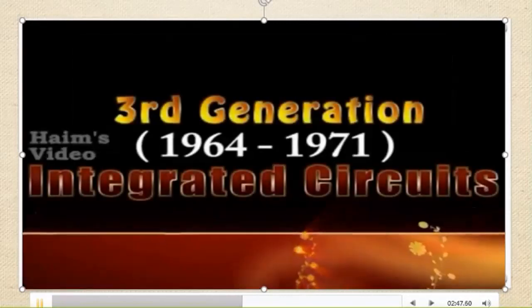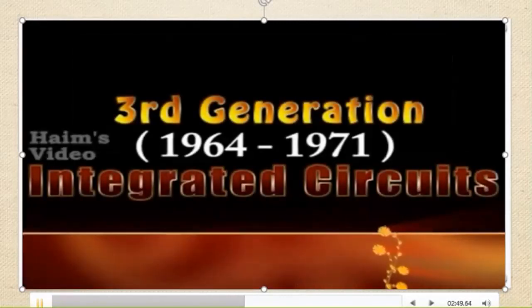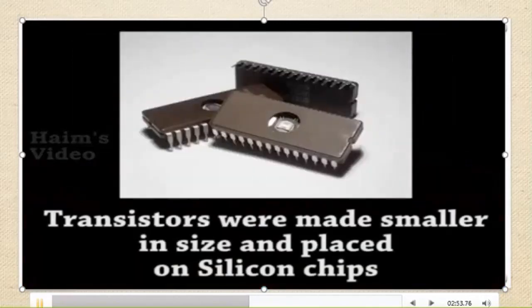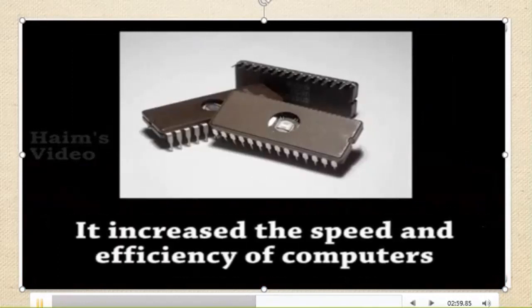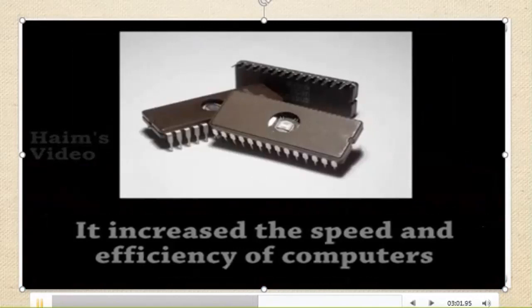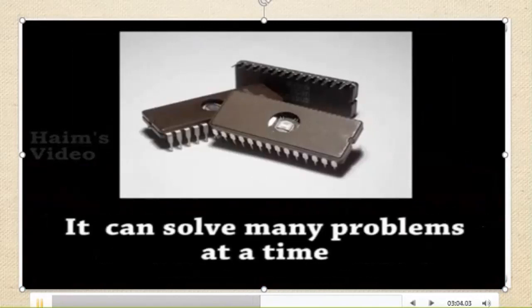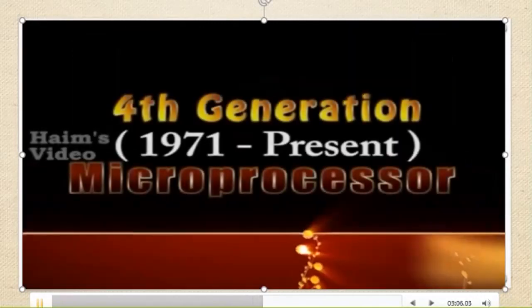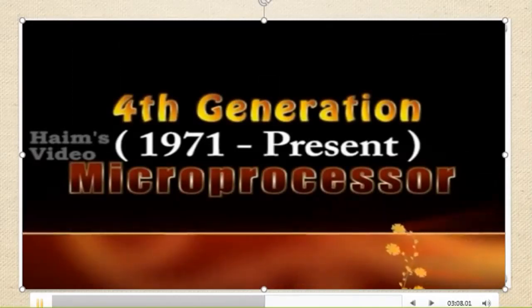Third generation from 1964 to 1971. Integrated circuits. Transistors were made smaller in size and placed on silicon chips. It increased the speed and efficiency of computers. It can solve many problems at a time. Fourth generation from 1971 to present.